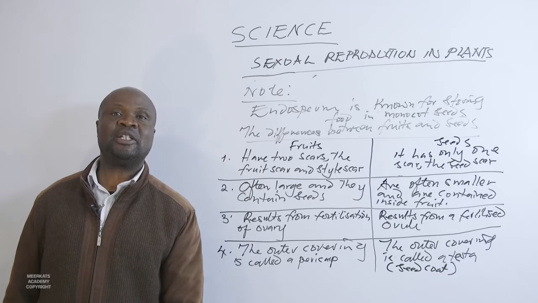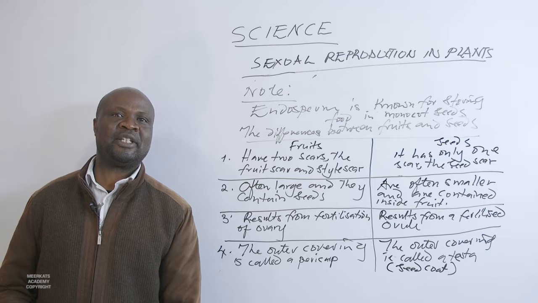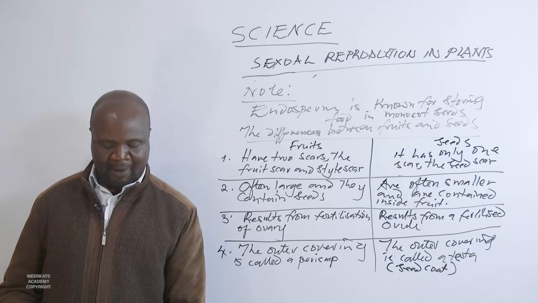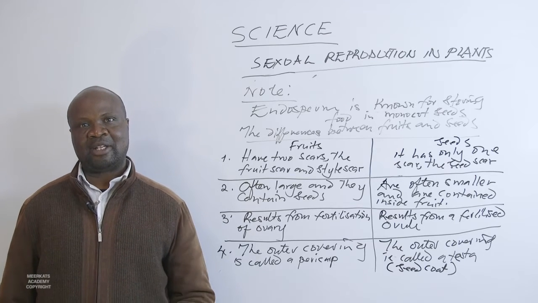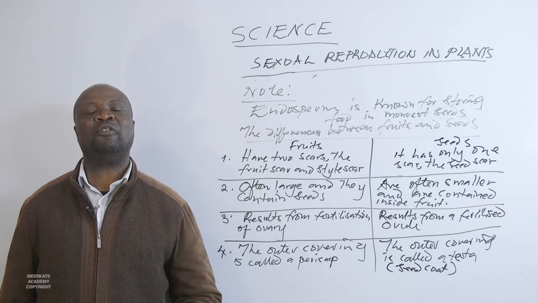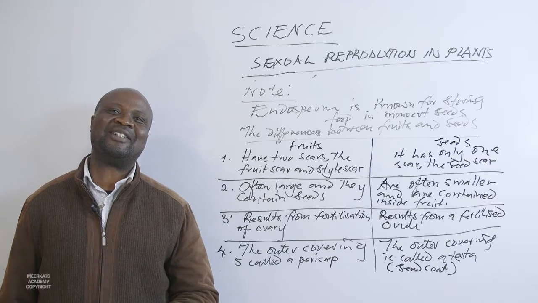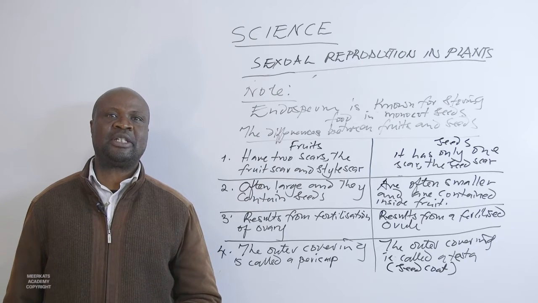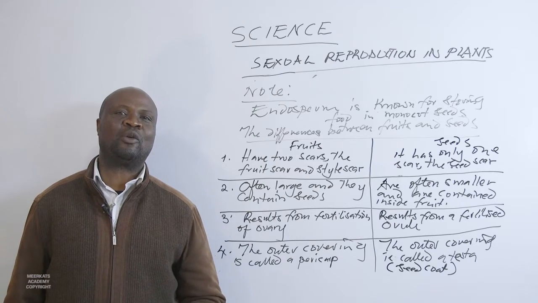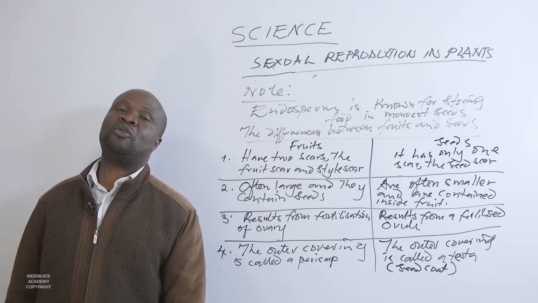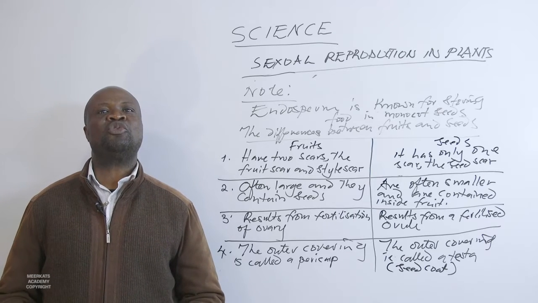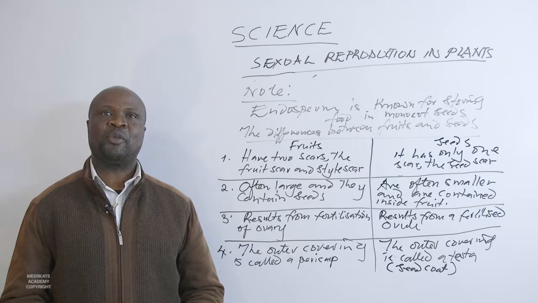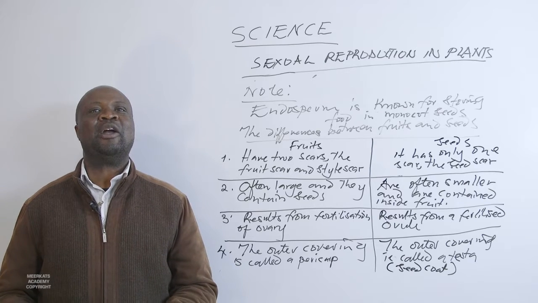Condition number one: for a seed to germinate, there must be air, and that air must have oxygen. In that air, the important element is the oxygen component, so the seed requires oxygen to germinate. Condition number two is water, and water should be available in the form of moisture.